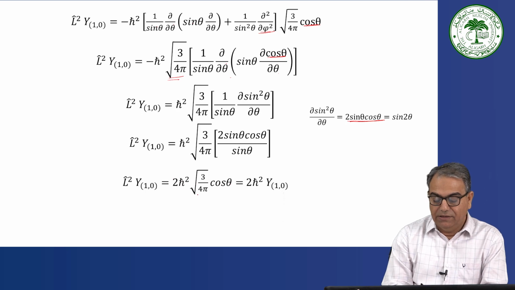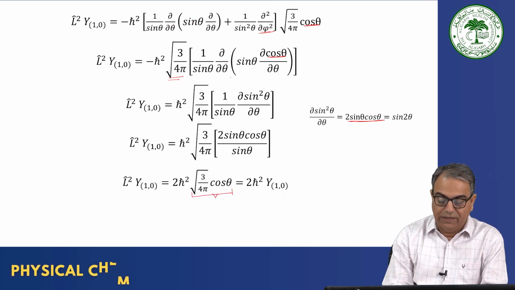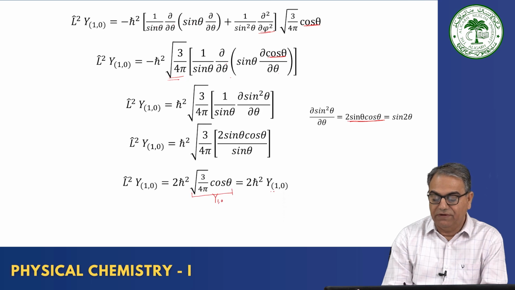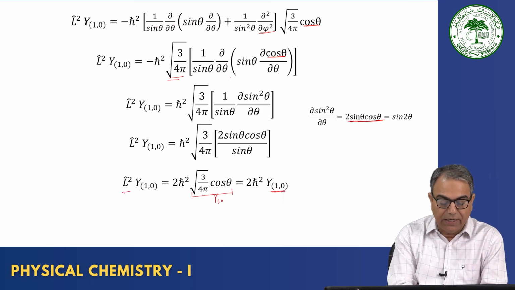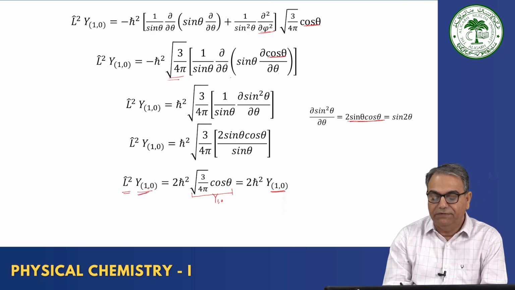Okay. And again, this is actually Y10. So operating with the operator L square on spherical harmonics Y10 gives you a constant value of 2 h cross square multiplied by Y10.